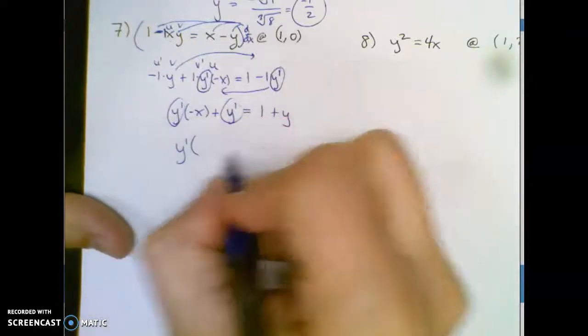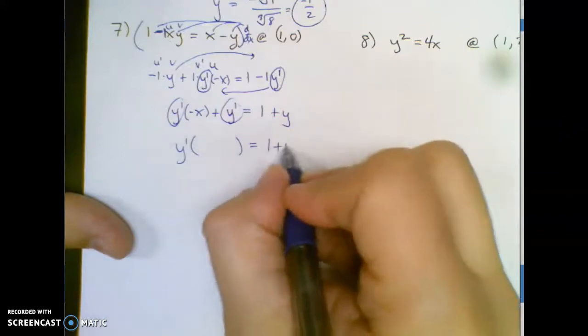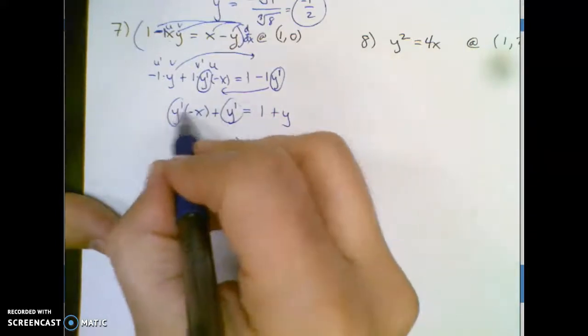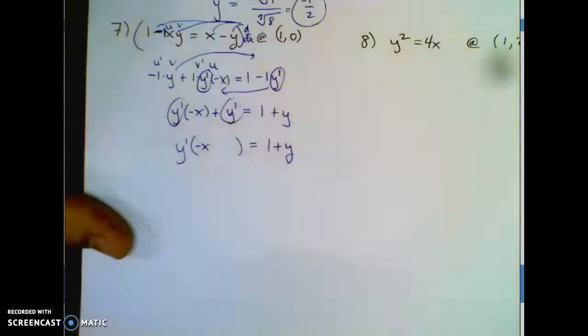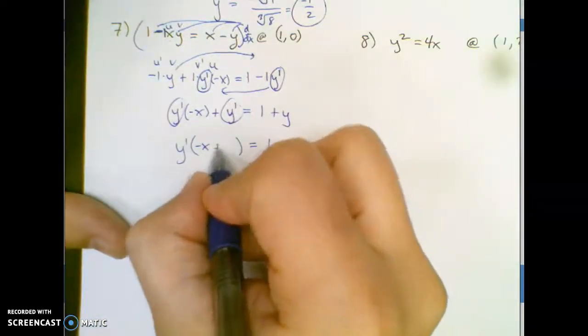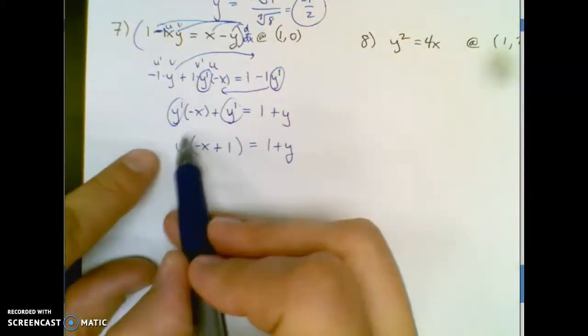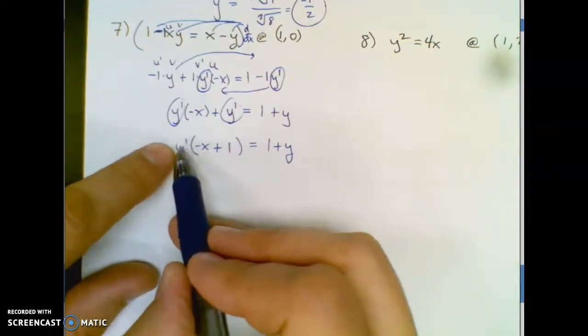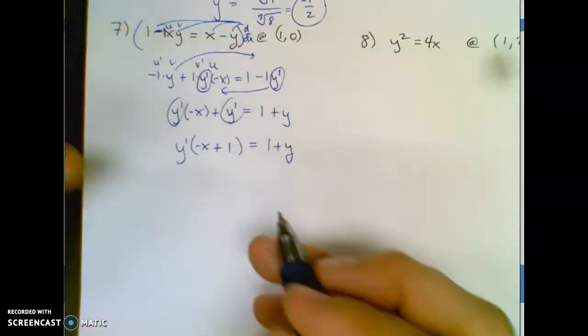Here's where you could be a rookie. If you just wrote negative x, you're going to get it wrong, because negative x is the first part, but what happens when you take a y prime out of a y prime? You're left with just plus 1. Imagine distributing it back and see what you get, right? Y prime times negative x, y prime times 1. Oh yeah, it does work.